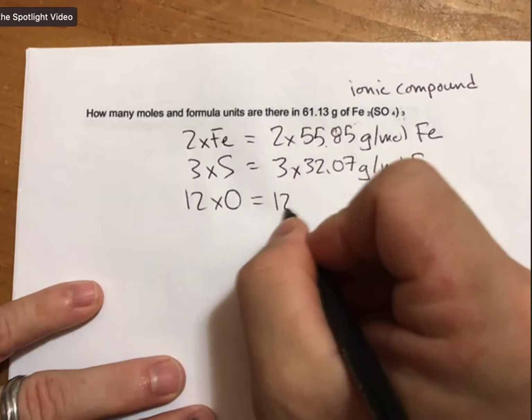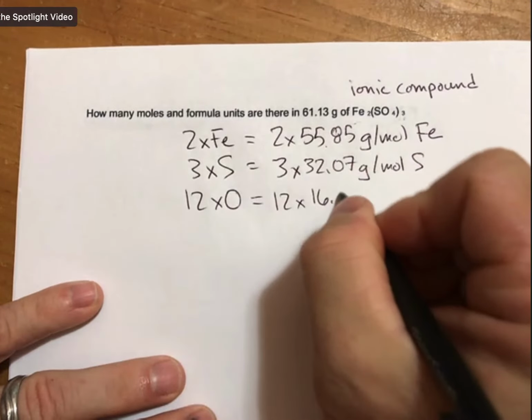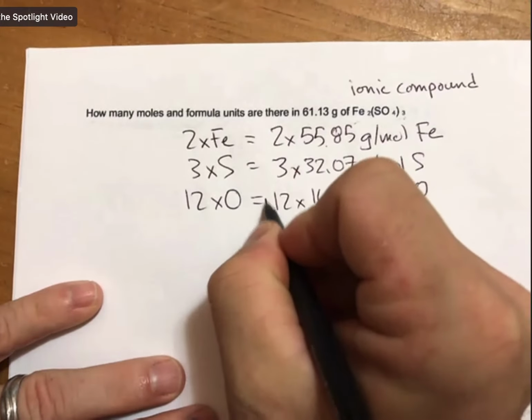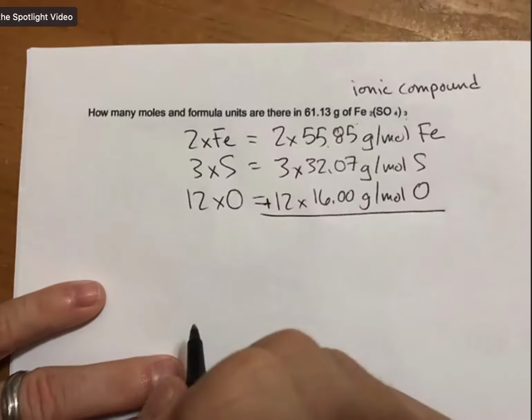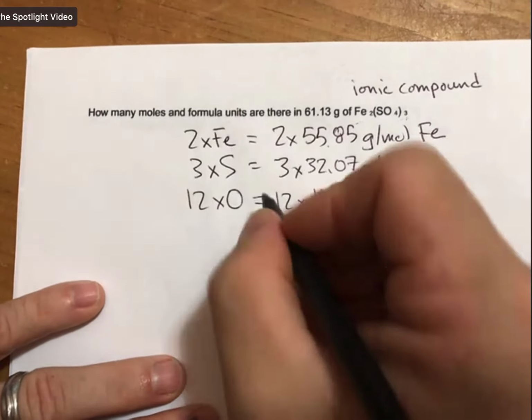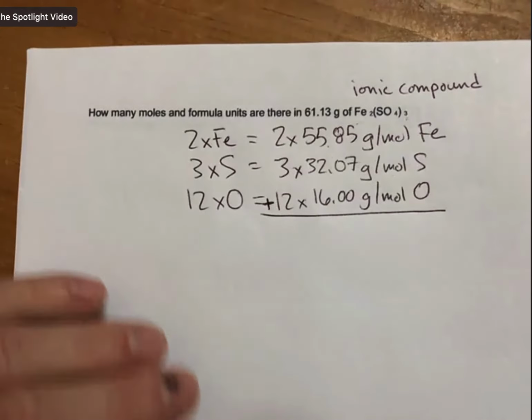And for oxygen, 16.00 grams per mole oxygen. We're going to multiply this all out and add them all up. That's what the plus symbol there stands for.